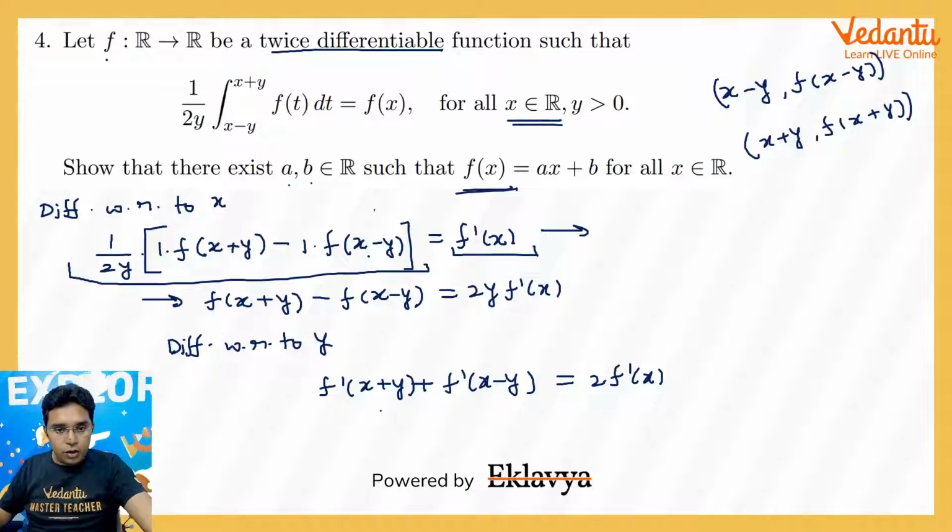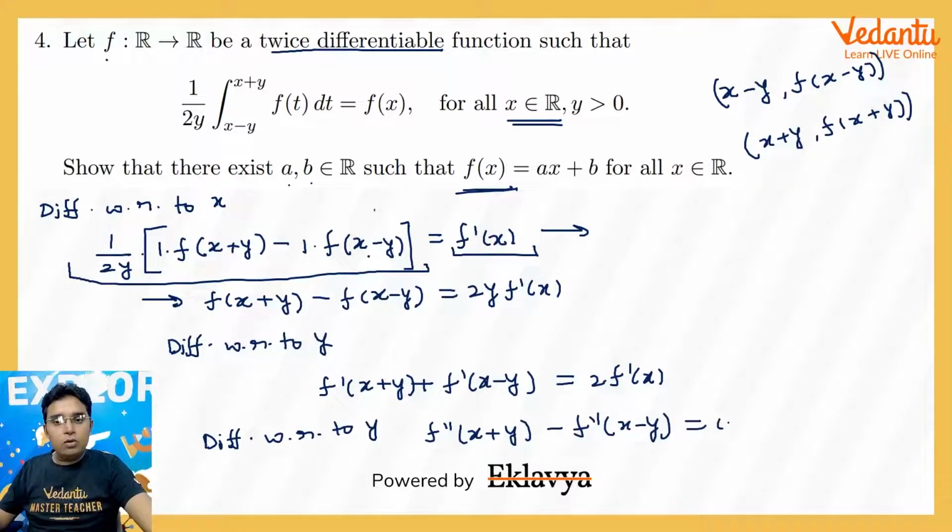But I'll get at it in another way also. Please see how: if I differentiate this once again with respect to y, it will become f double dash x plus y minus f double dash x minus y is equal to 0. What exactly does this say? Because x I can choose anything, x plus y and x minus y are 2 arbitrary numbers.